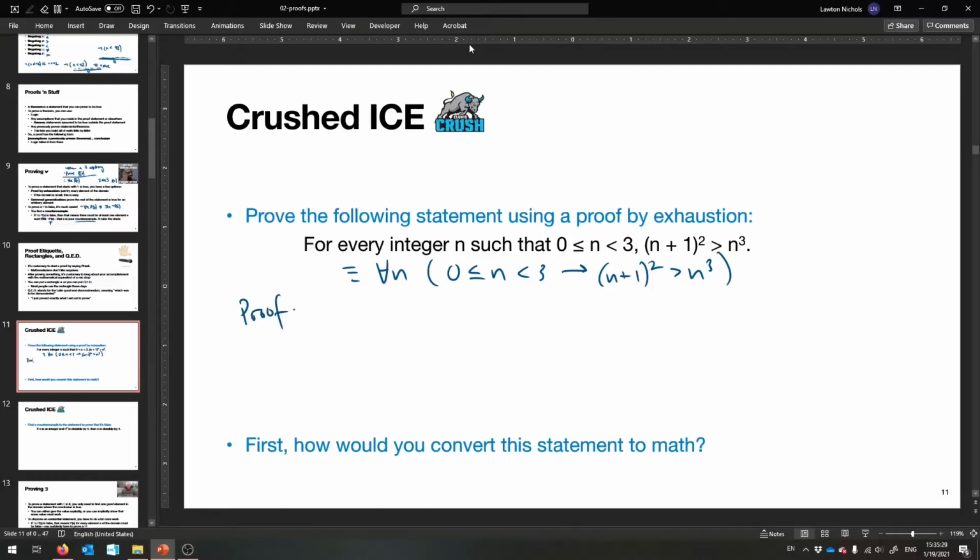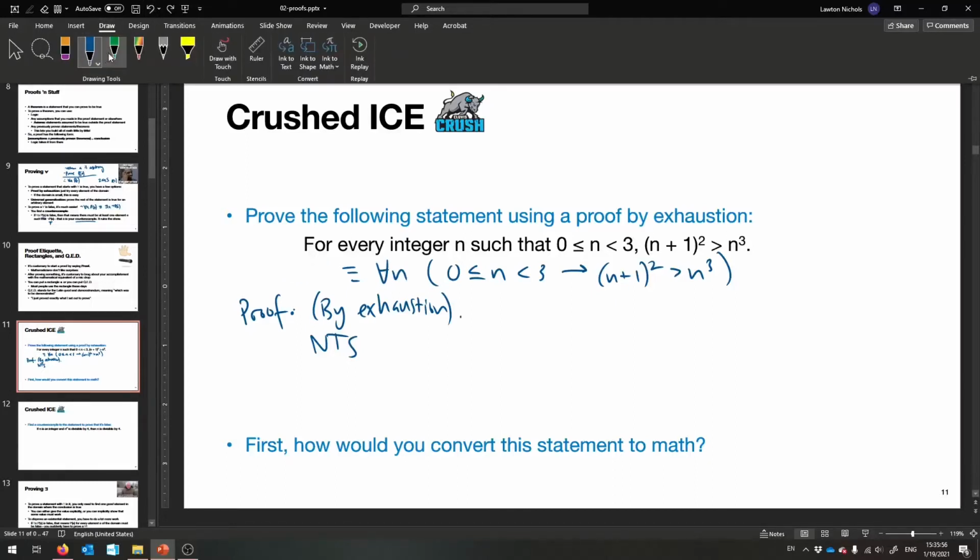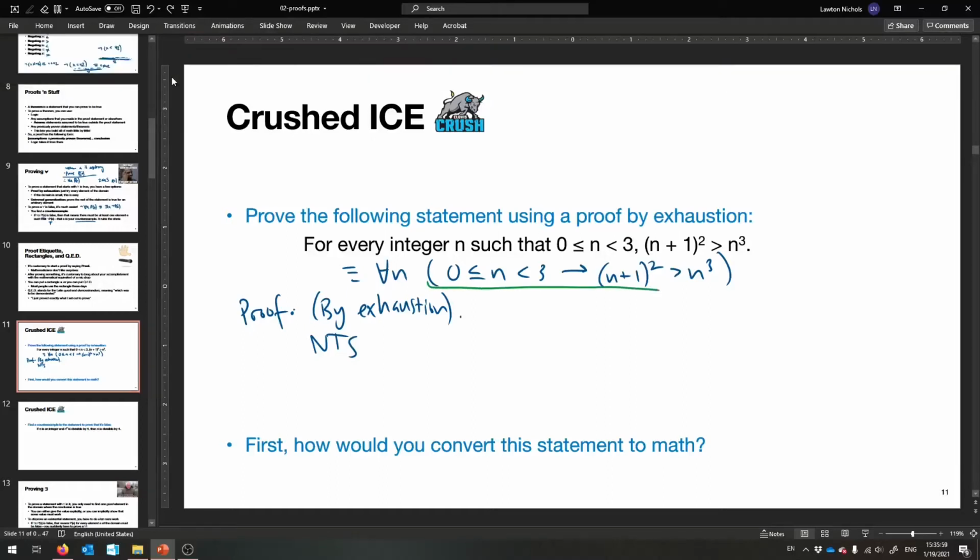We say proof, and usually you say how you're going to prove it, so by exhaustion. You only have the following elements. Let's call the inner part P(n).